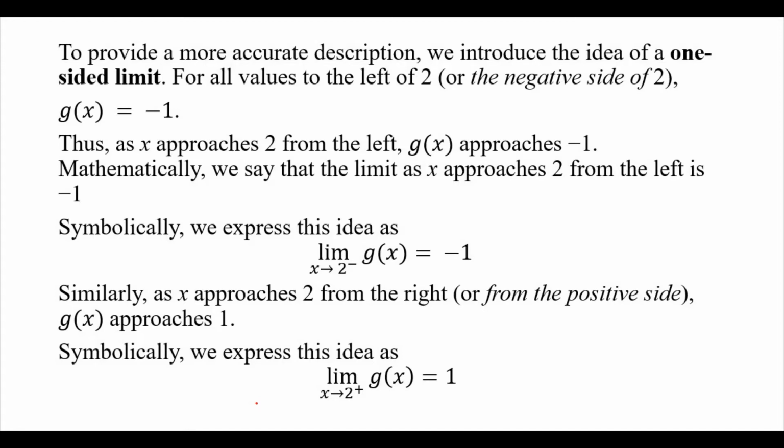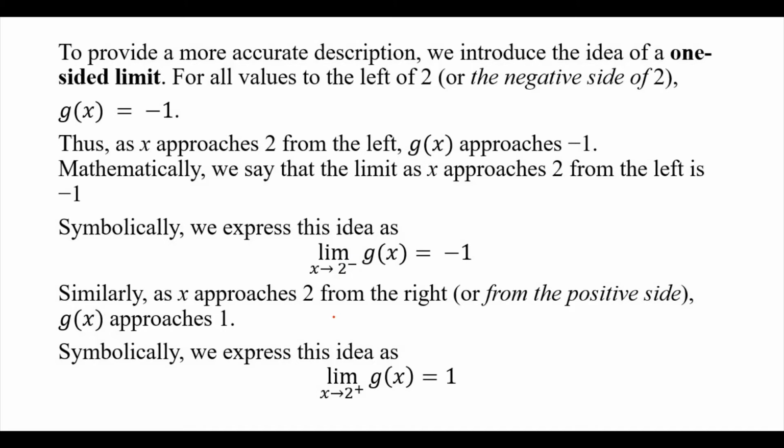Symbolically, we express this idea as the limit of g of x when x goes to 2 negative equals negative 1. Notice how we have the negative sign on top of 2 to indicate that this limit is a left-sided limit. So all of the x's we're testing are values of x that are less than 2.